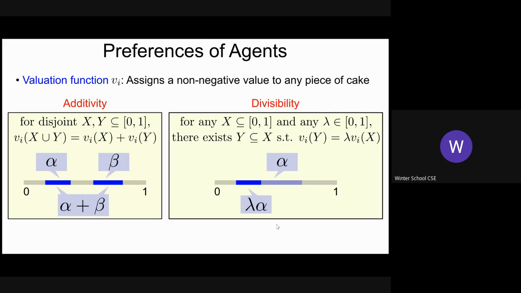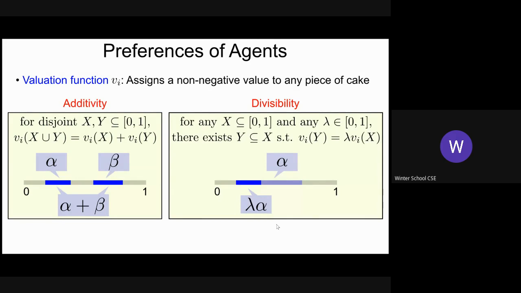So any smaller value can also be realized. Yeah, exactly. It's just saying there is an interval that is of value lambda alpha. Correct. I mean, in terms of my picture, yes, but in general, you can think of it as a union of intervals as well. Yes, it could be a piece. It doesn't have to be an interval.